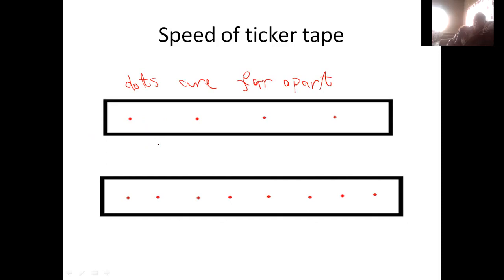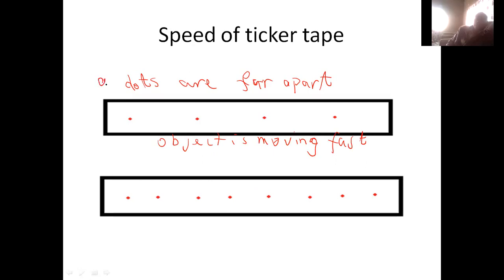It means that the object is moving faster. So a fast moving object will have the dots which are far apart.